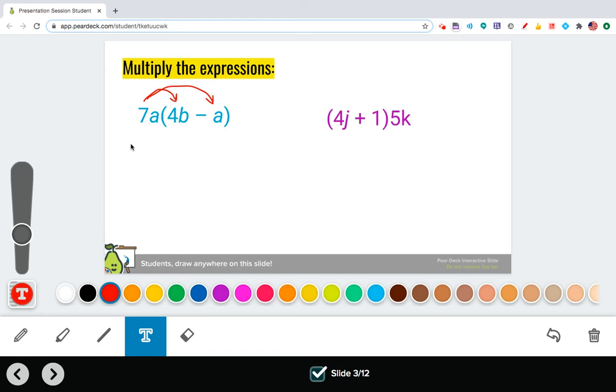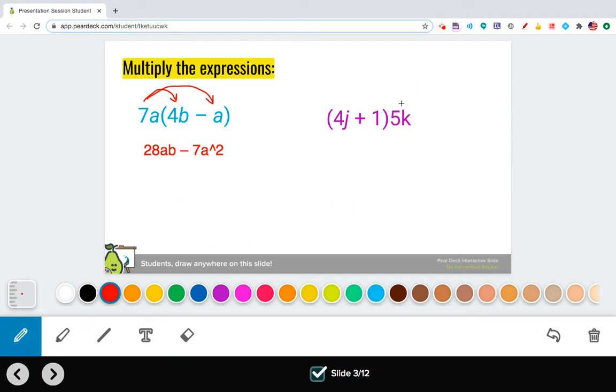So 7a times 4b is 28ab. 7a times a is 7a squared. And notice I kept my minus. So my final answer is going to look like this: 28ab minus 7a squared.